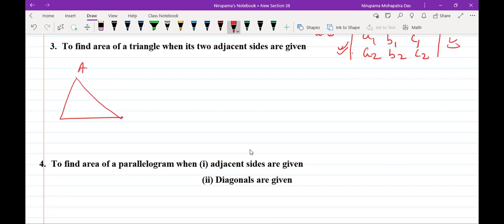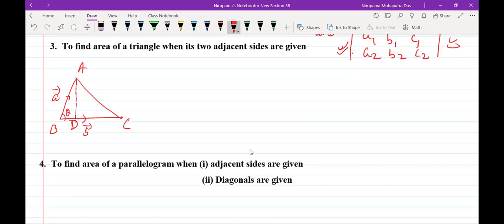We are given triangle ABC. Suppose you have vector A and vector B. We know the area of the triangle is half base into altitude. Suppose the altitude is AD. The angle between the two vectors is theta.